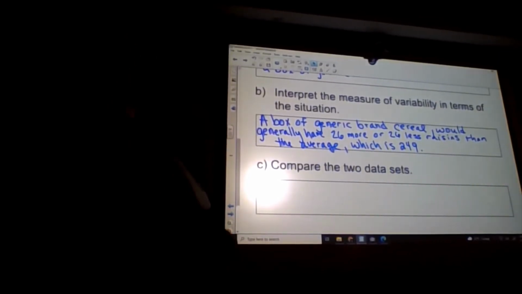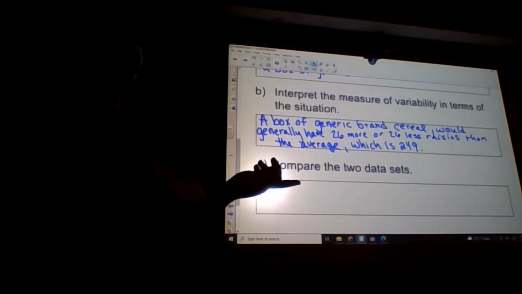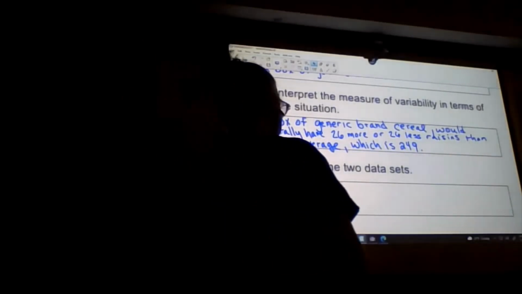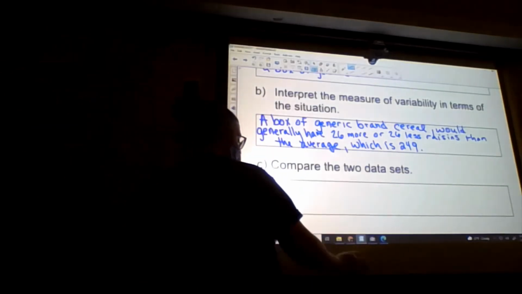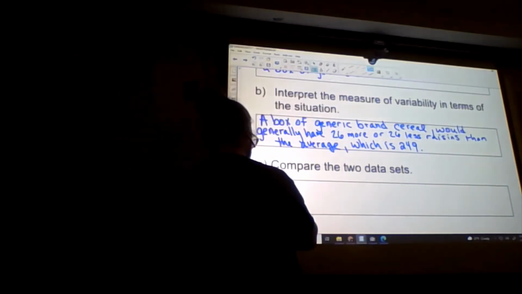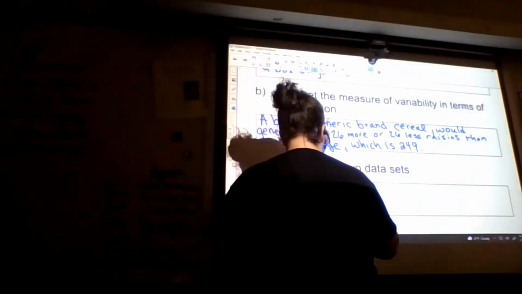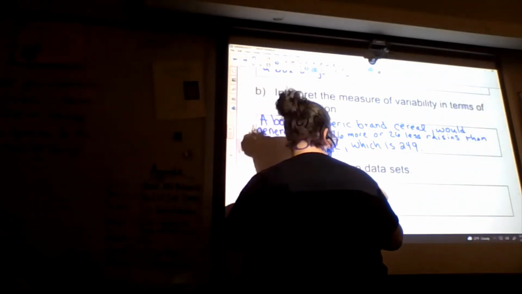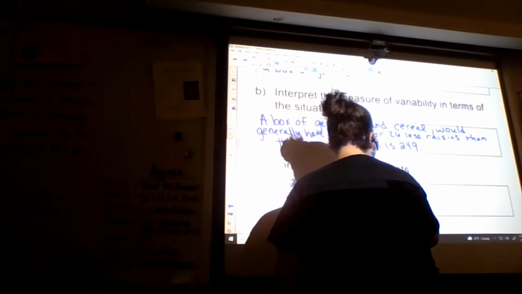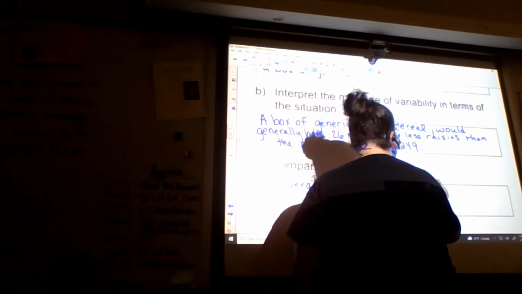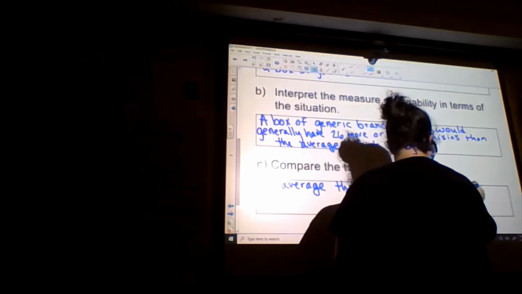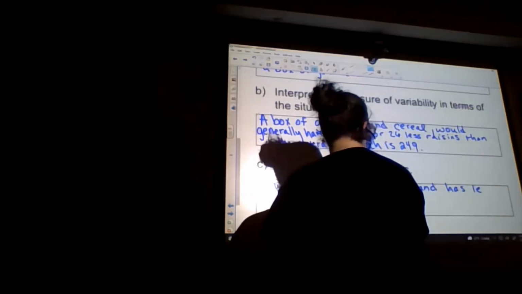So we have fewer raisins in the generic one. So we can say that's a comparison, right? On average, the generic brand has fewer raisins. So that's a comparison of the means. The generic brand has fewer raisins per box. Actually, it's 40 less if you do the math.